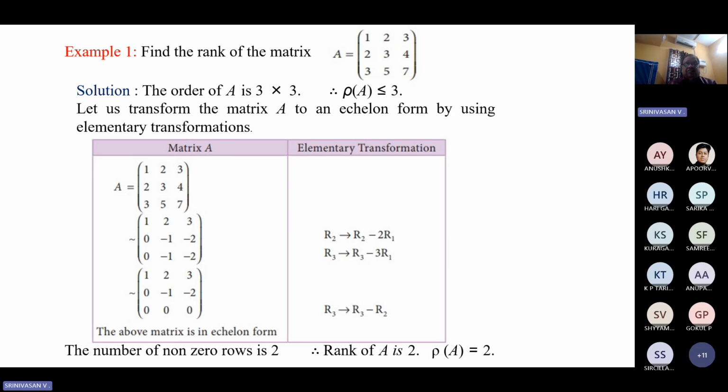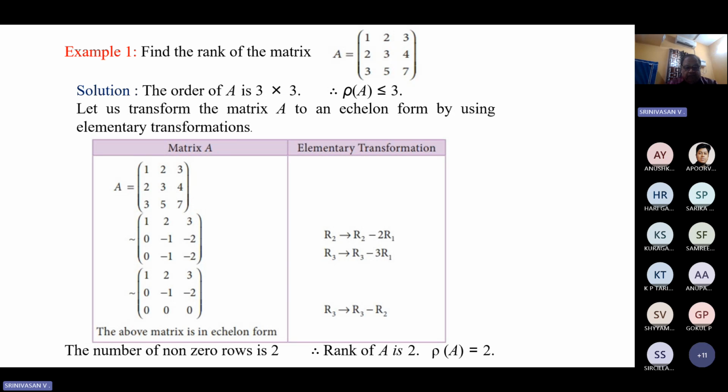Now fix the first row. I would suggest writing the elementary transformations that are taking place as a title, or otherwise you can just write them alongside. Since it is given as a separate column, it is not necessary, but nothing is wrong in writing.